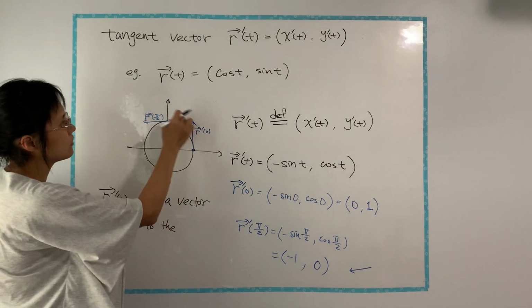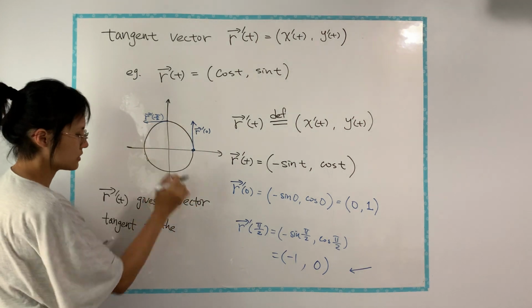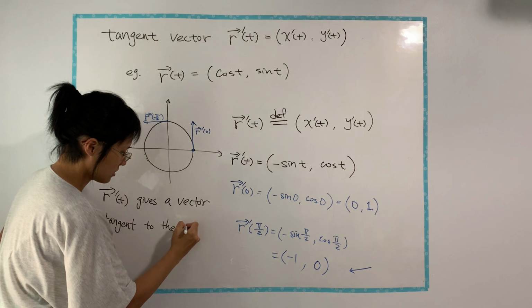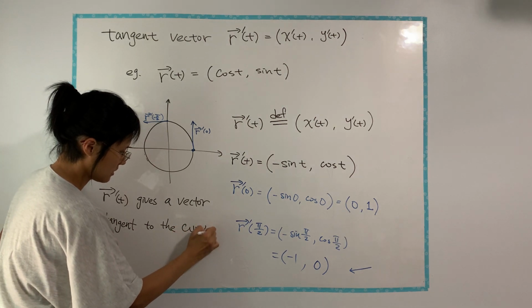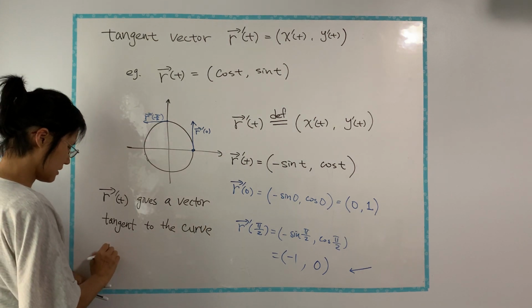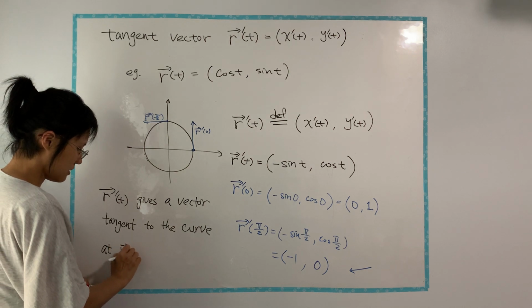Which curve? The curve given by the vector valued function. The curve at where? At r of t.